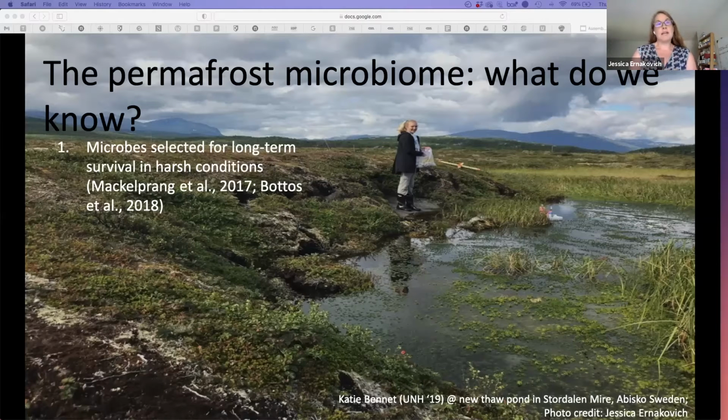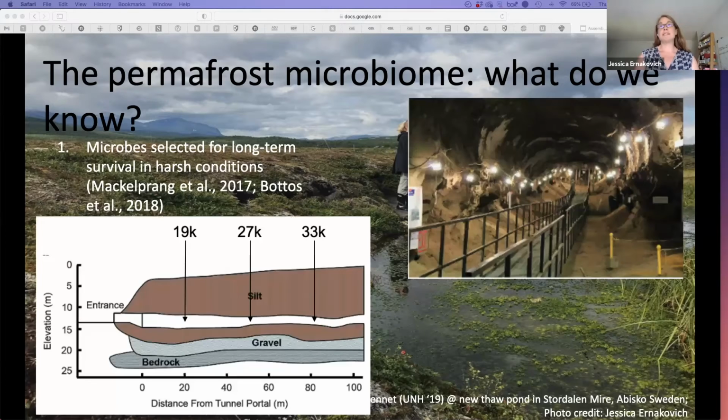We tend to think they're selected for survival under really harsh conditions. Here is a study that worked on this. This is the Cold Regions permafrost tunnel outside of Fairbanks, Alaska. In this study, Rachel McElprane collected metagenomes for permafrost of 3 different ages, from 19,000-year-old permafrost up to 33,000-year-old permafrost.